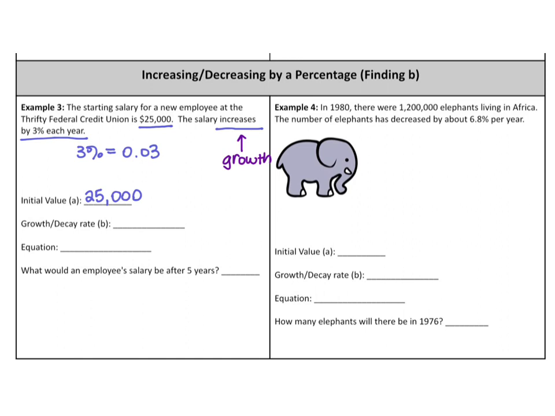So in growth, and I'm going to write it up top, for growth, which means we're increasing, to get our B value, B equals 1 plus the R value, which I'm going to use as the percent as a decimal.